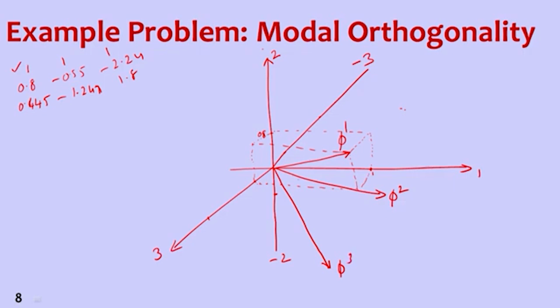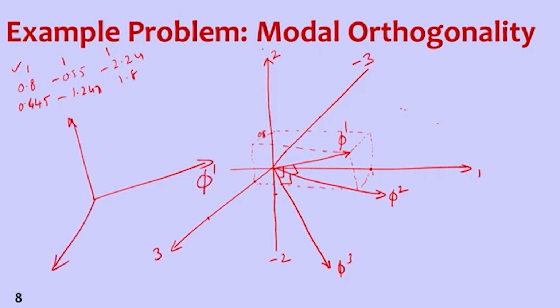What I mean to say is this phi 1 will be perpendicular to this, and this is perpendicular to this. So phi 1, phi 2, phi 3 are perpendicular. If we transform and write this, it will be something like this.